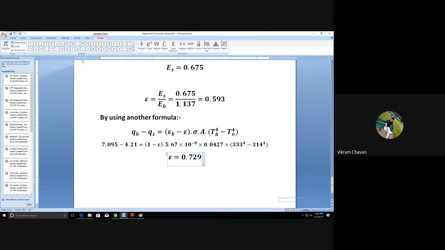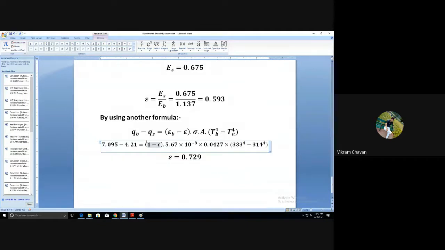So why is it different from the actual calculation? Because in this case we are considering the emissivity of a black body as 1, but it is near about 1. Maybe it will be 0.98, 0.97, 0.95. So you can also check by using this particular formula.